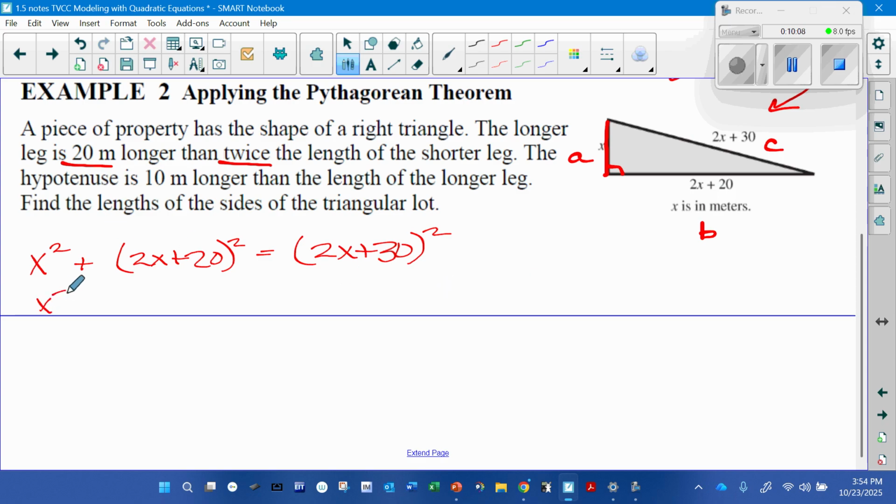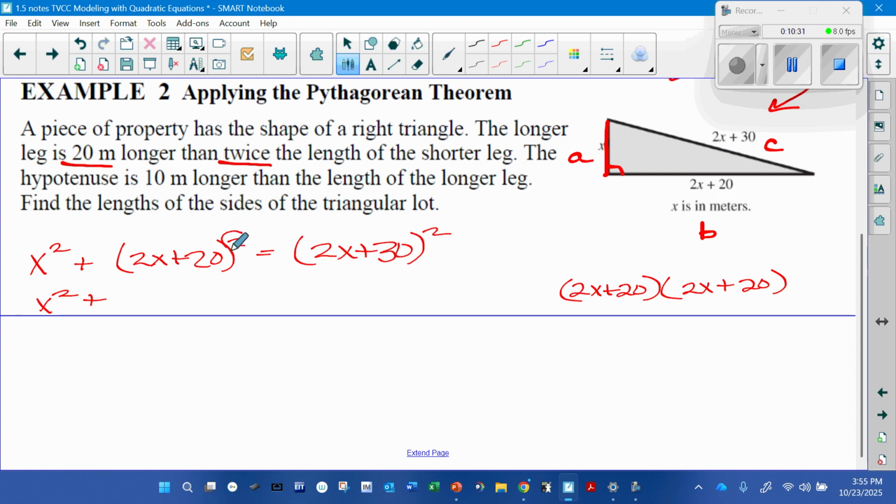So all I did was plug in the dimensions for a, b, and c. So this is x squared plus the 2x plus 20 squared. That means 2x plus 20 times 2x plus 20.